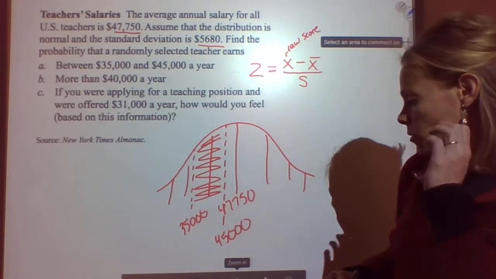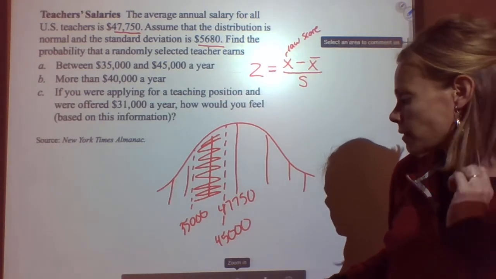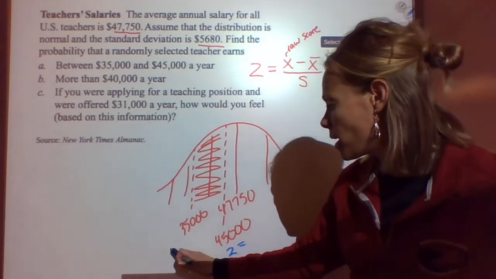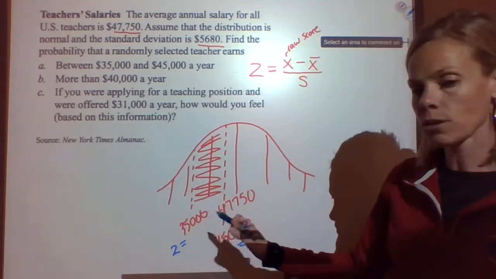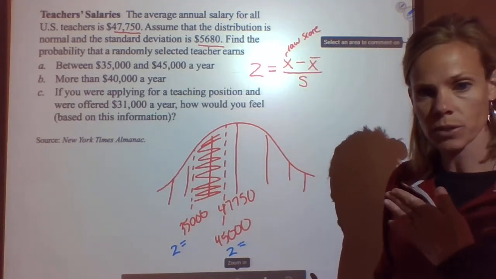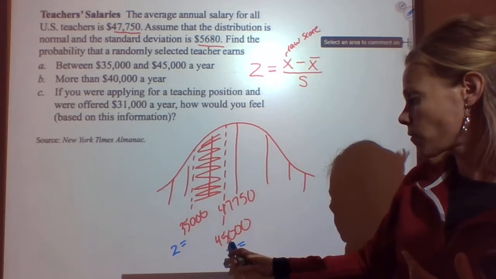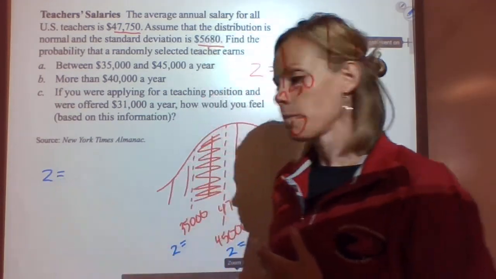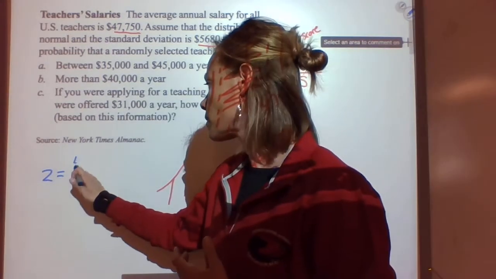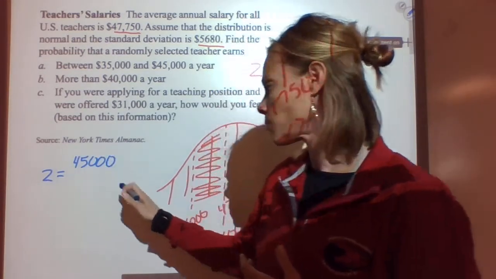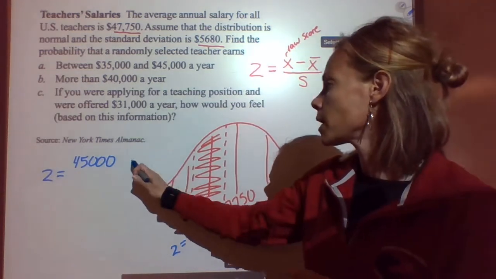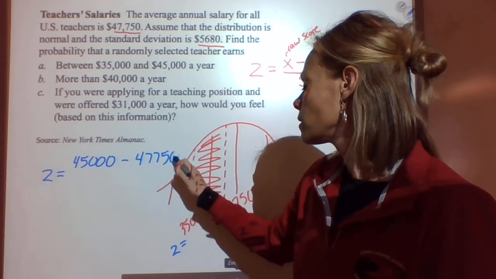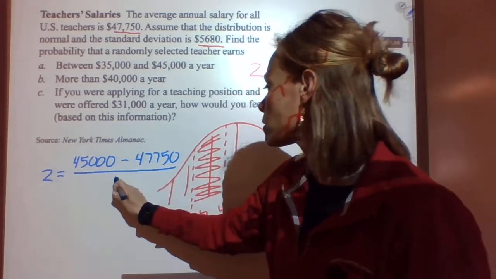If I want area in between, I need the z-score for this value and the z-score for this value, so I can look them both up and subtract. So let's find the z-score for 45,000. I take the raw score, 45,000, minus the mean, 47,750, divided by the standard deviation.